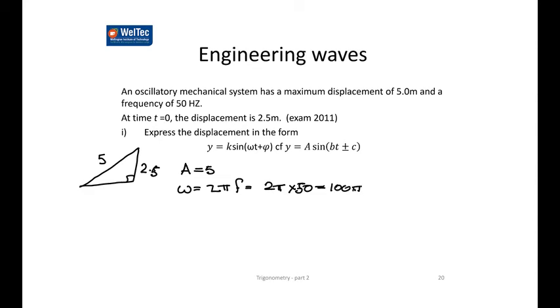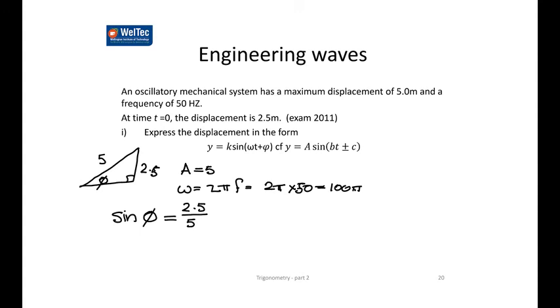Now, this is the tricky bit. The phase angle, well, we can work it out. What information have we got? We've got that sine phi, or some other letter, is going to be 2.5 over 5, if we put phi there.